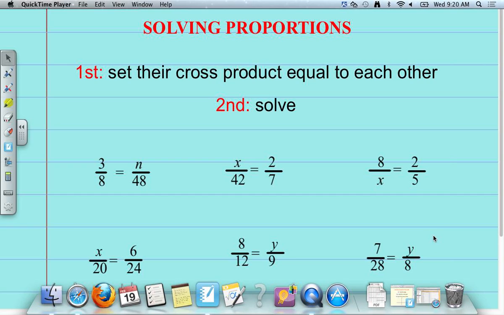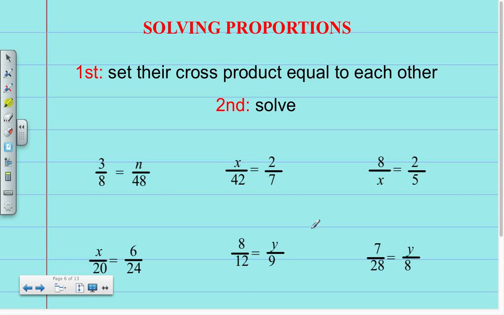When we solve proportions, we're trying to find what variable makes it true. So when I'm looking at 3/8 is equal to n/48, I want to ask myself, what is n that makes this a proportion?